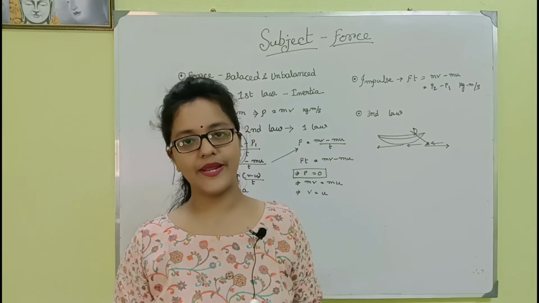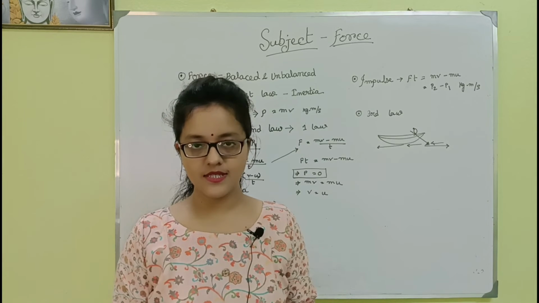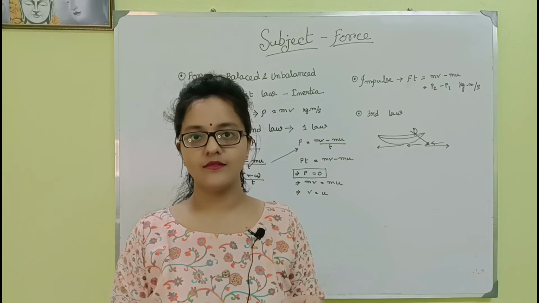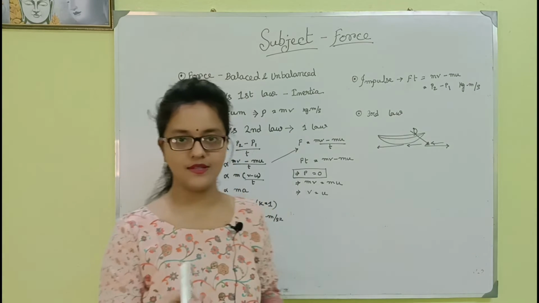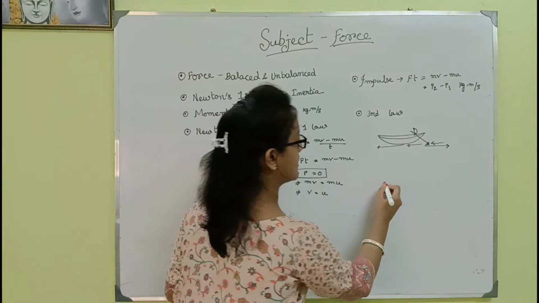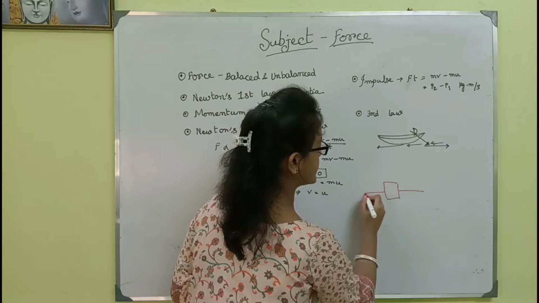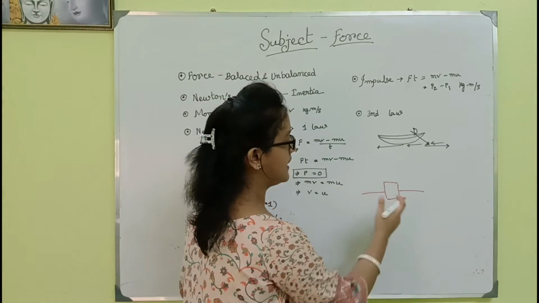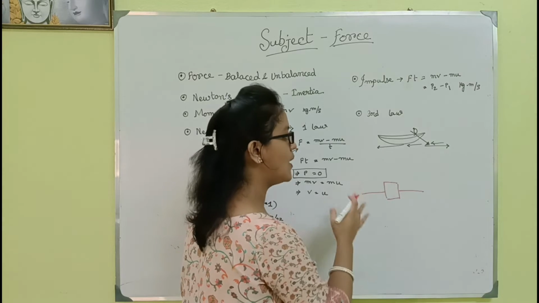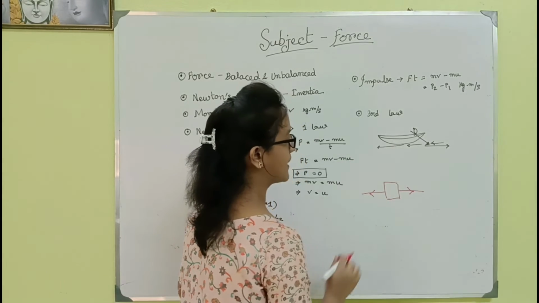For example, the body is attached with a rope on both sides. Here is a diagram. This is a body, and this side rope and this side rope. The force is applied on the two sides with an equal amount, in this way and in this way.